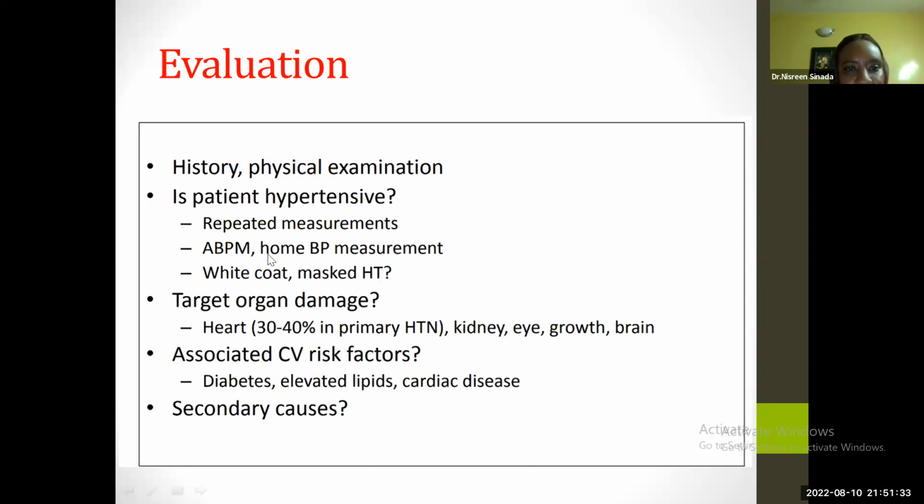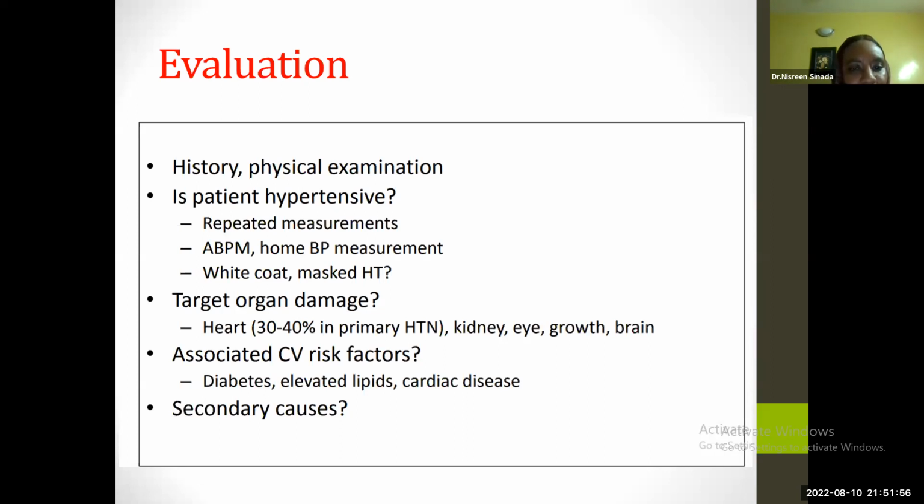ambulatory blood pressure measurement. Also, you should ask yourself about target organ damage to know if it is urgency or emergency hypertension, because the management will be different, and you need to drop the blood pressure gently in emergency hypertension. And you need to start an intravenous infusion.